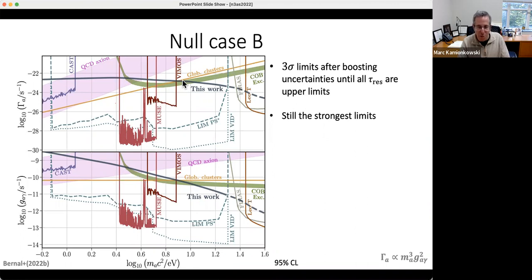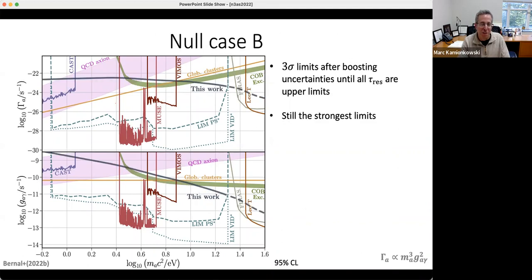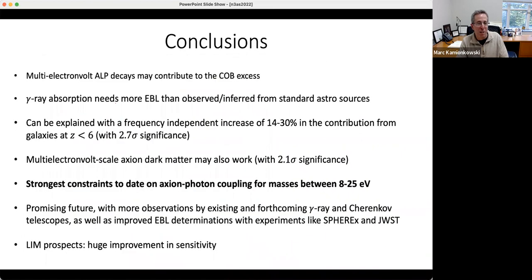And it also overlaps with the hints that we got, albeit with some details that we don't fully understand. So there is consistency between the cosmic gamma ray background attenuation measurements and the optical background excess detected by New Horizons. So there's a possibility that it could be axions, but we're not absolutely certain. So either way, though, we have very strong constraints on the axion-photon coupling over this range of axion masses.